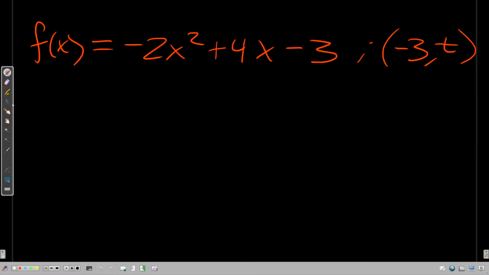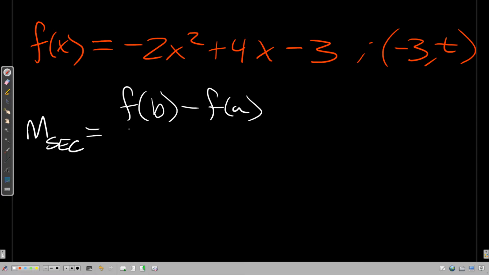Excellent. Then the slope of this secant line is just going to be f of B minus f of A over B minus A, where this is A and this is B. This is exactly how you calculate slope.